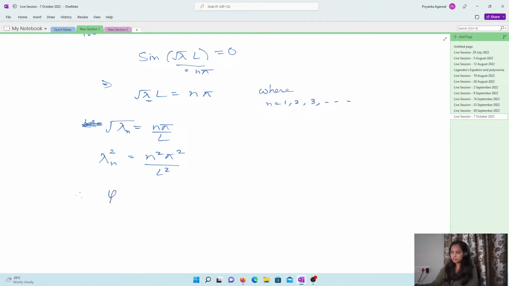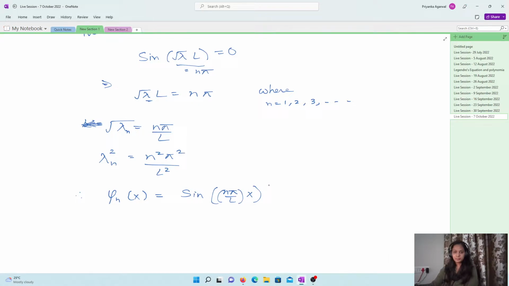Therefore, psi of x can be written as some constant c2 times sine of this value. For now let's consider c2 as 1. So this becomes sine of n pi by L x.